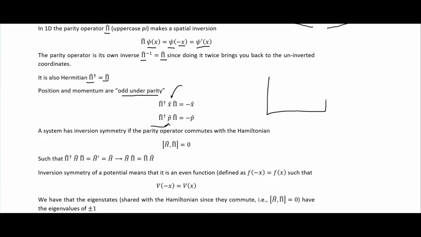like an infinite square well, and you have a function that looks like this, we see that if we inverted this, we would get something that looks like this instead.